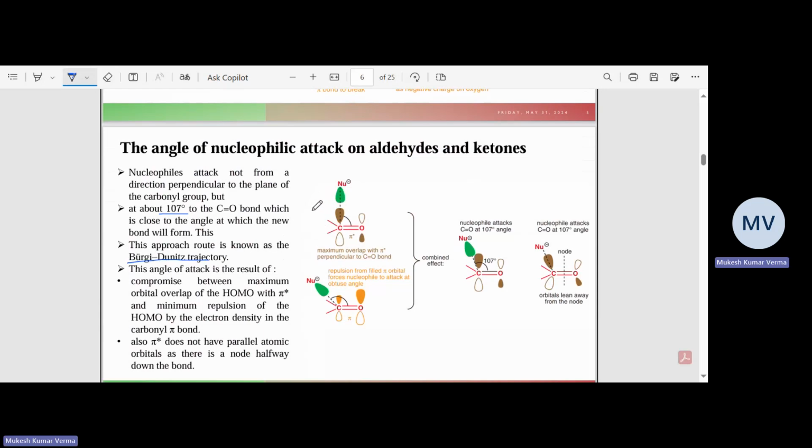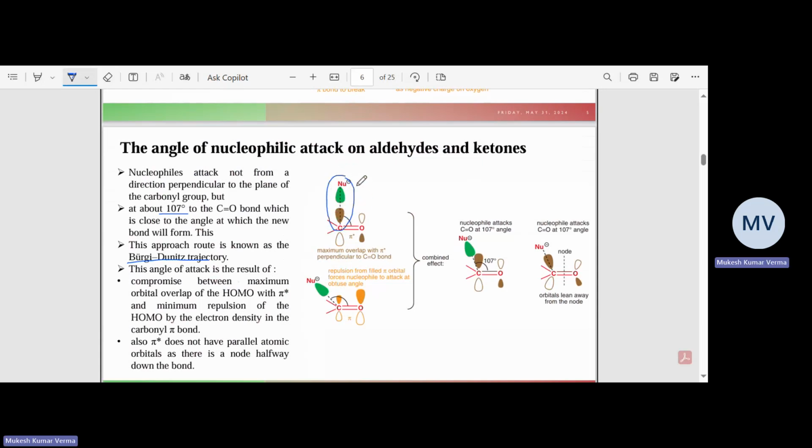The reason for the attack at a 107 degree angle is that there is a compromise between the maximum orbital overlap of the HOMO with the pi star and the minimum repulsion of the HOMO by the electron density in the carbonyl pi bond. As can be seen in the figure, there is a maximum overlap between the nucleophile orbital and the pi star orbital of the carbonyl carbon.